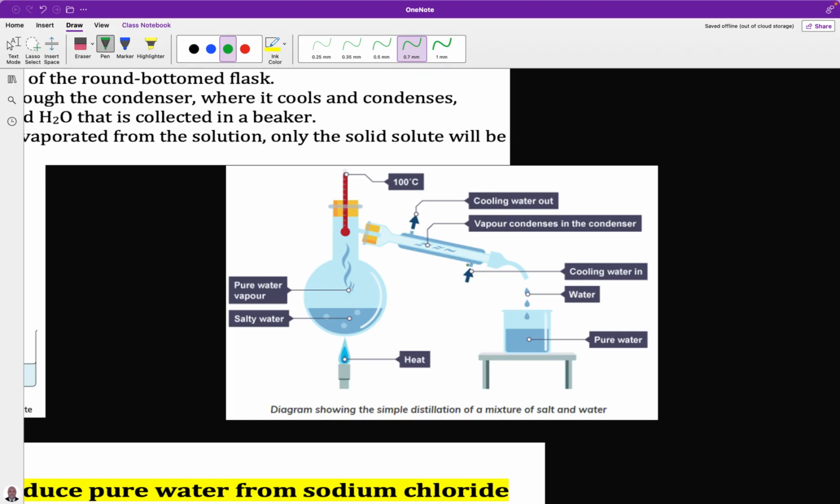After cooling and causing the vapor to condense, the water now goes out as waste. The vapor that condenses into pure liquid is now collected in a beaker as pure water. That is a simple procedure.